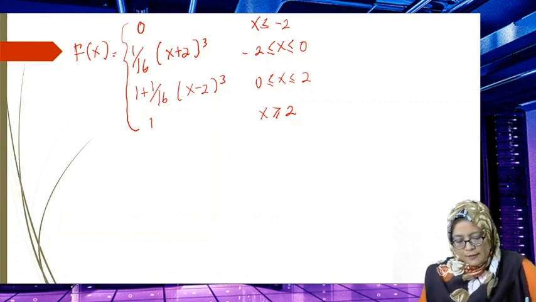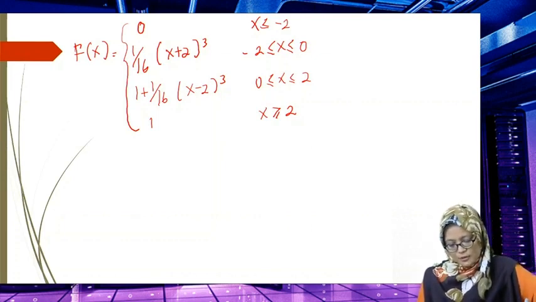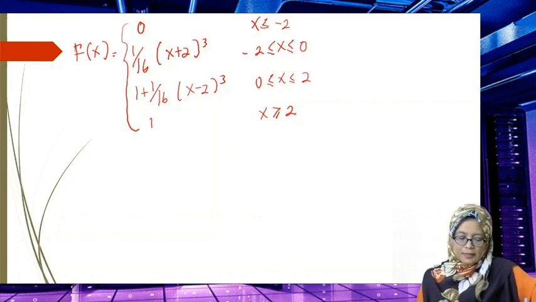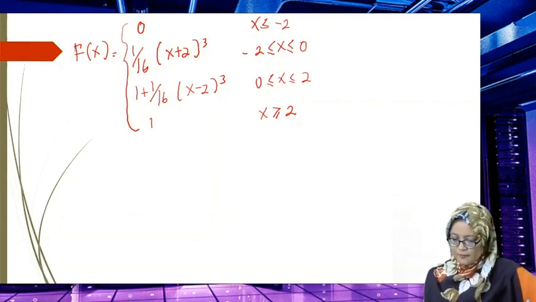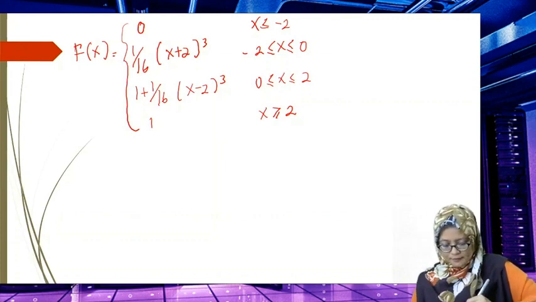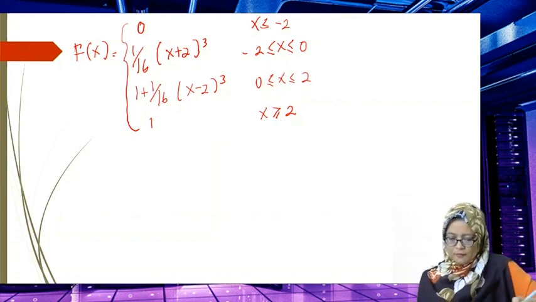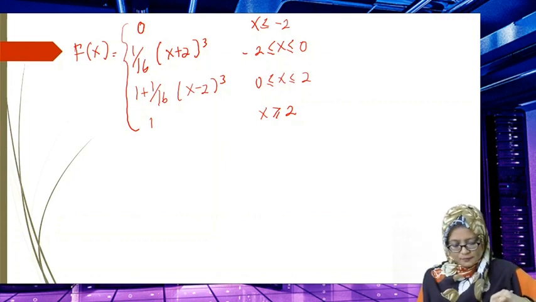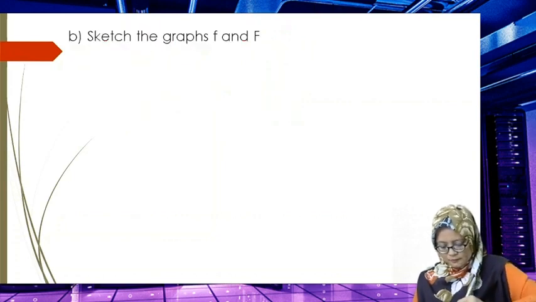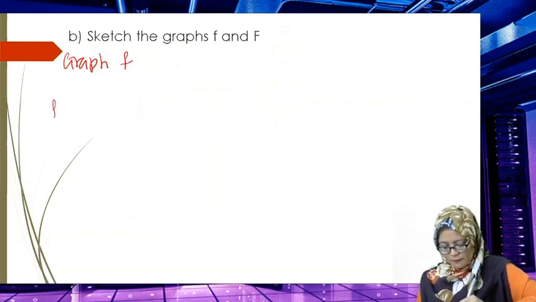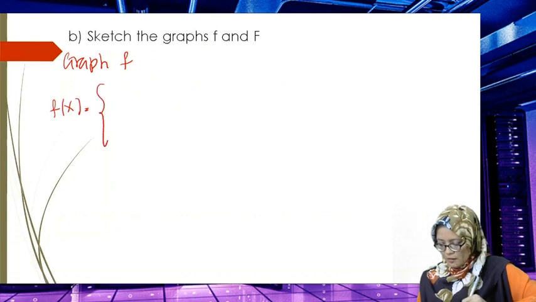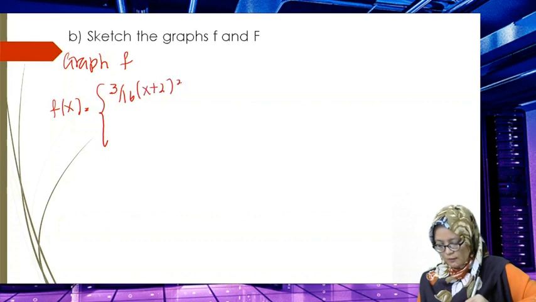Okay, so now we want to sketch the graph of f and the cumulative function. Okay, so referring back to the graph of f, I rewrite its function. So 3 over 16 (x plus 2) squared for interval negative 2 until 0.